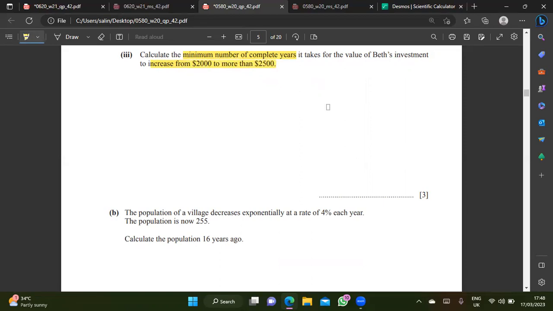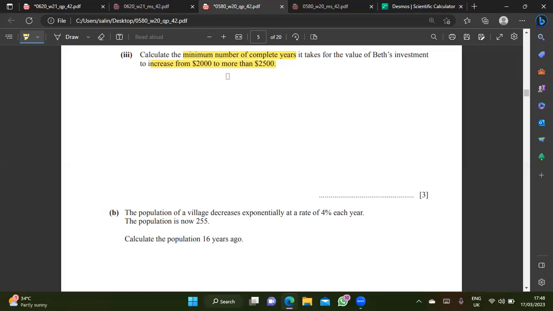You have to remember that you do need to understand. Do not rush. Because why? You deserve 3 marks here. Please do not throw away your marks here. Again, calculate the minimum number of complete years it takes for the value of BEF investment to increase from 2,000 to more than 2,500.